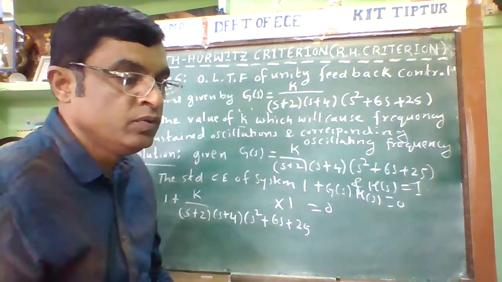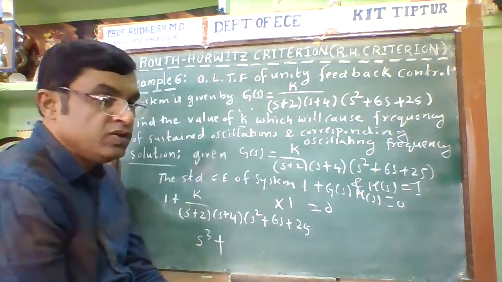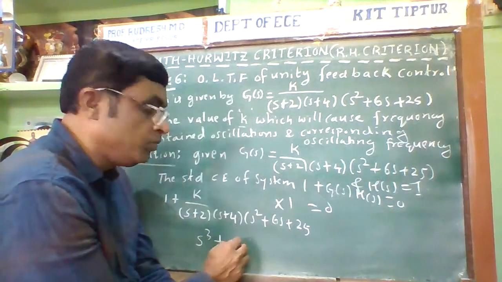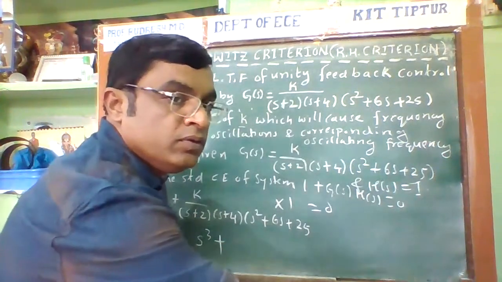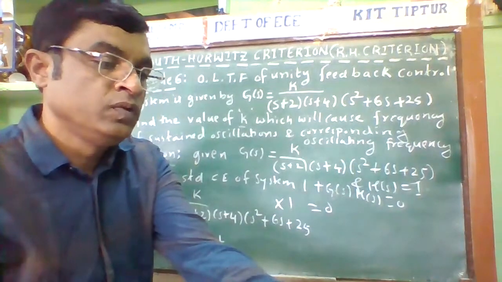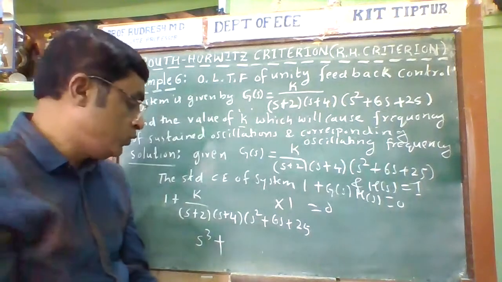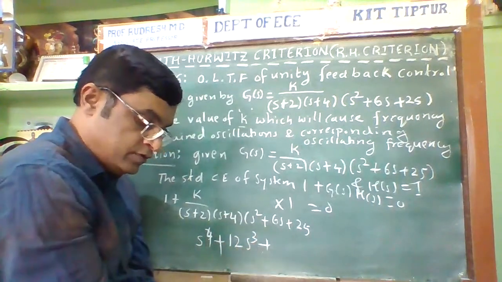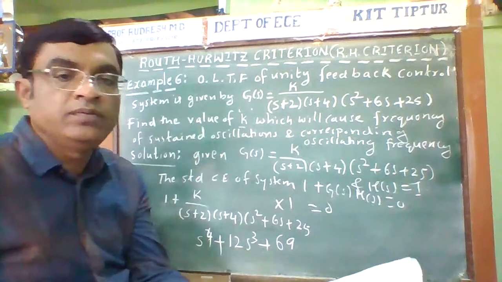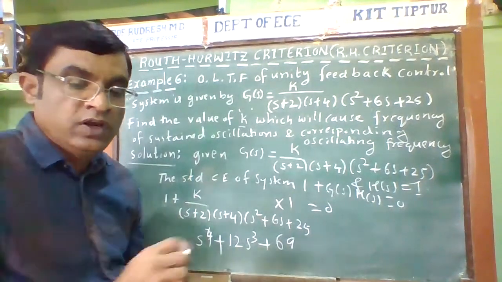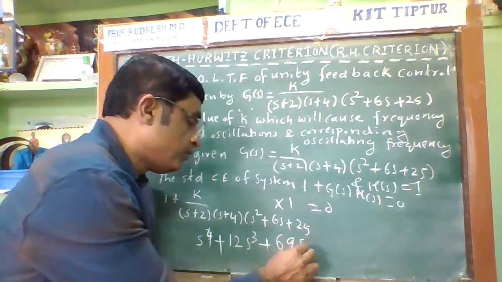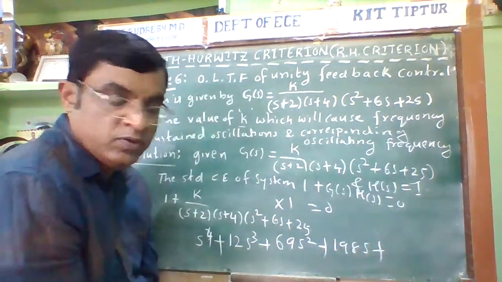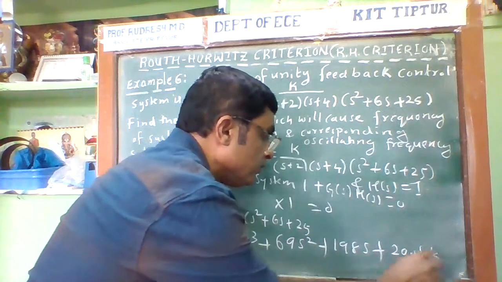Now if we simplify this, by cross multiplication, taking the LCM, you will get S to the power of 4 plus 12S cube plus 69S square plus 198S plus 200 plus K is equal to 0.